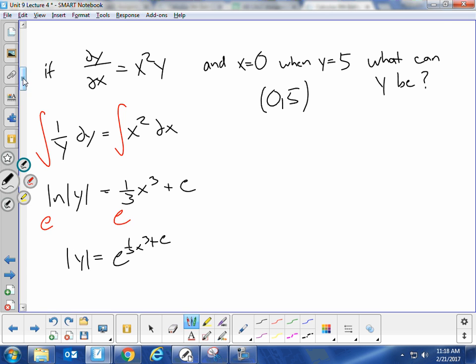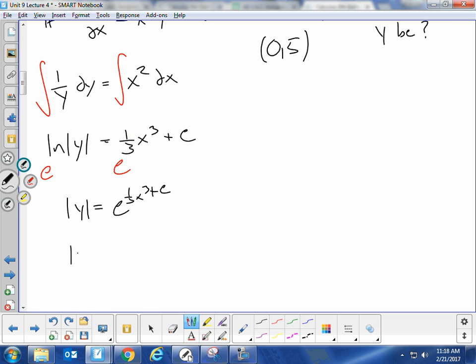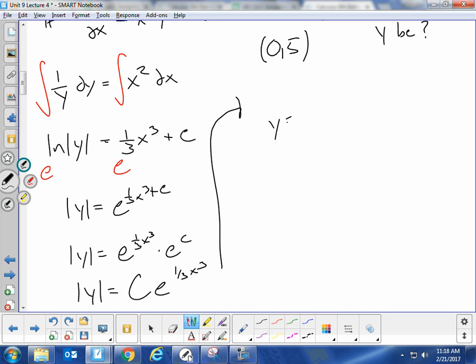We then rewrite this as absolute y equals e to the 1/3 x cubed times e to the c. And we can go one step further to say e to the c is just a c, e to the 1/3 x cubed. And we can get rid of that absolute by making this a plus or minus c, e to the 1/3 x cubed.